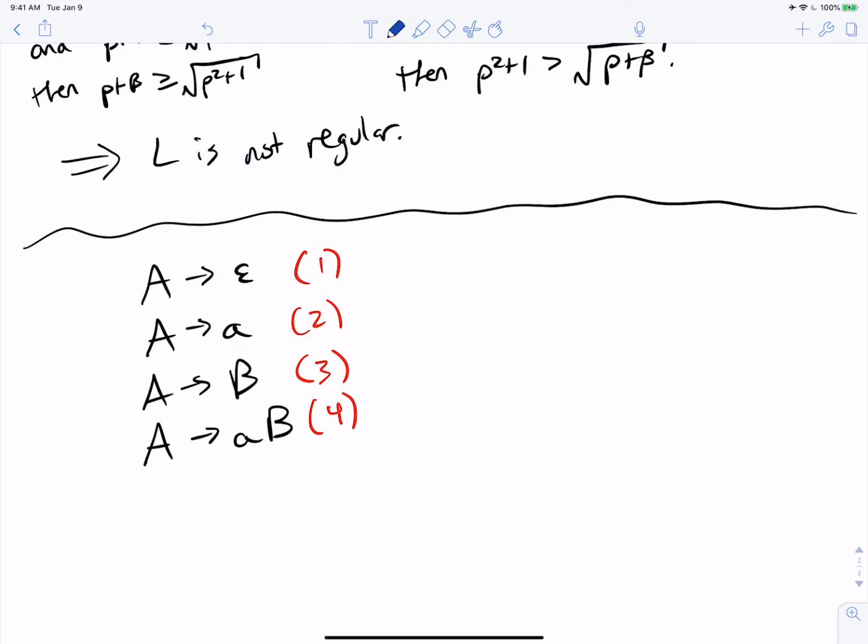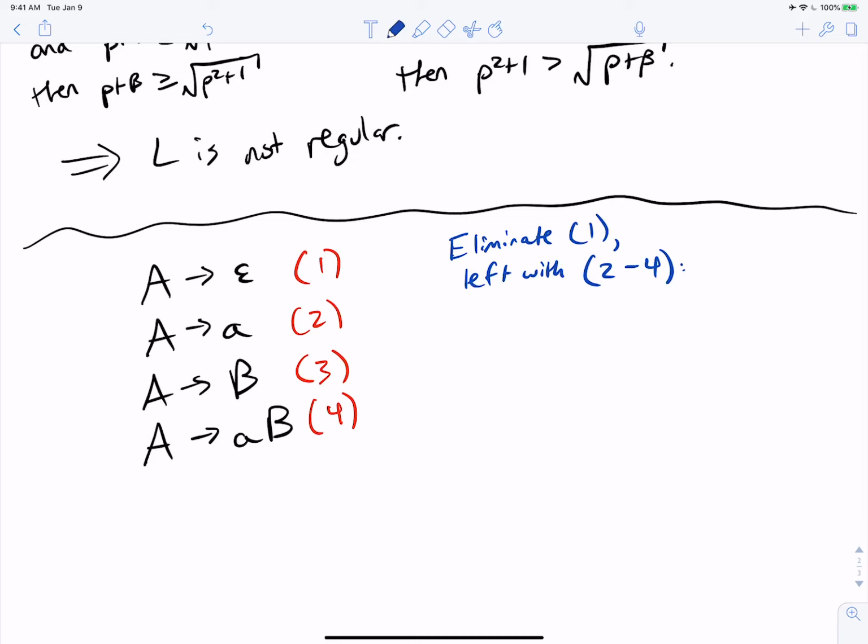So let's look at the case where we eliminate 1, so left with 2 through 4. In other words, I'm forbidding you from having the first rule type, but you can have any of the other 3 that you want.